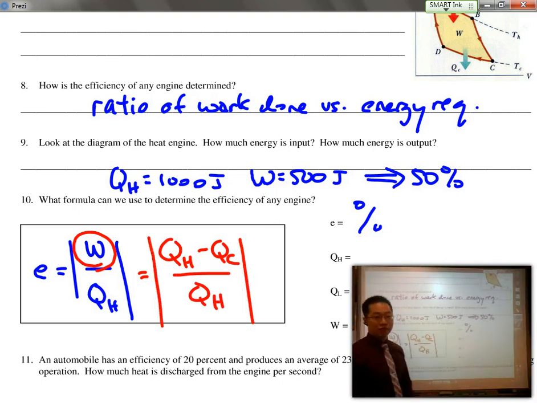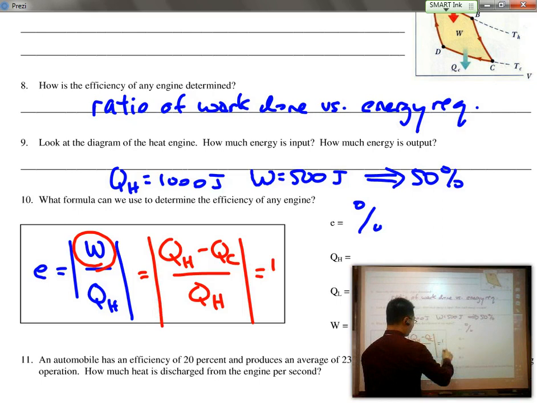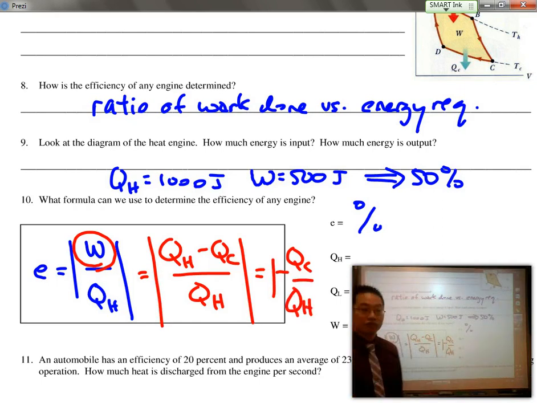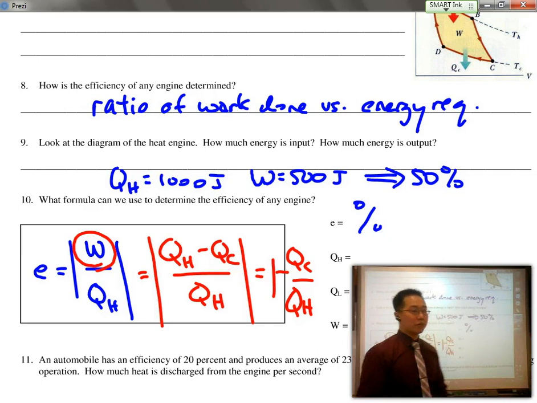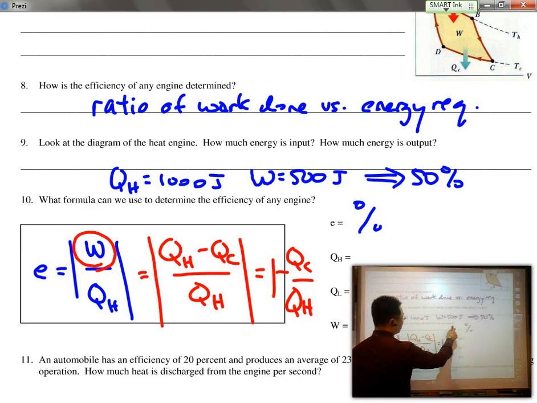Which, of course, could then be rewritten as 1 minus QC over QH. So there's a lot of different variations of this formula, but ultimately it's just about how much work was actually done versus the amount of energy that was put in. And this is about the efficiency of a heat engine. Okay? Now a refrigeration system has a completely different formula entirely.